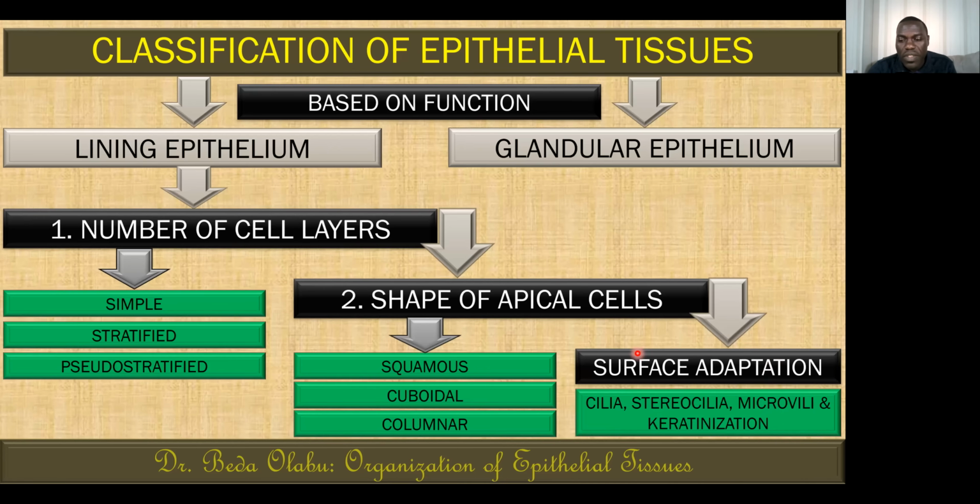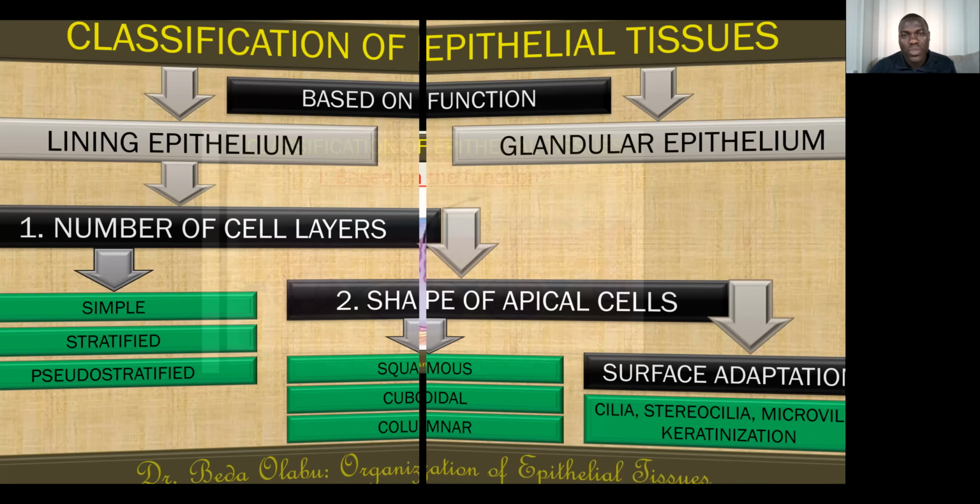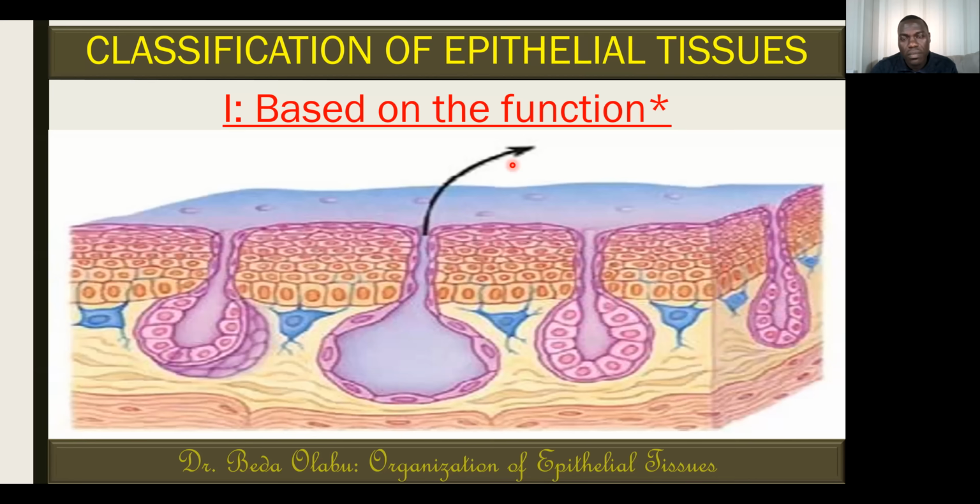Note that this concept is not used to classify all types of epithelium, but just some few. But this concept and this concept are largely used to classify all types of lining epithelium. So I've told you that we first classify epithelium based on function.